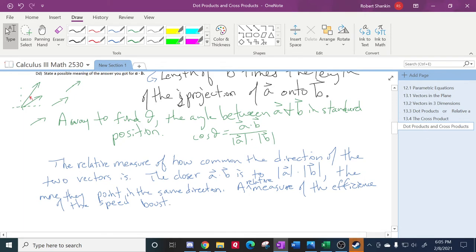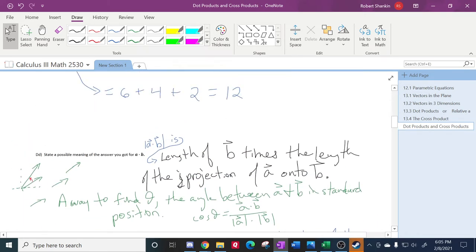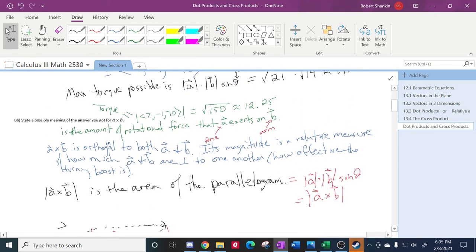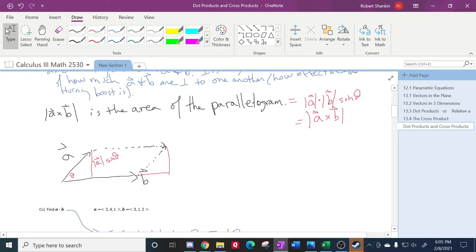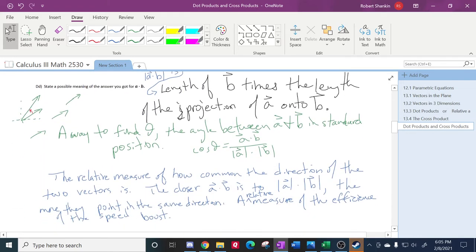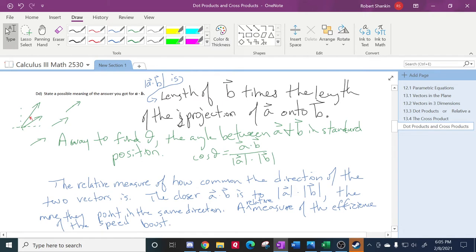Okay, and I have another question for y'all. This one, cross product, had a geometrical interpretation of an area of a parallelogram. Does the dot product have a geometrical interpretation? Anybody want to take a guess?